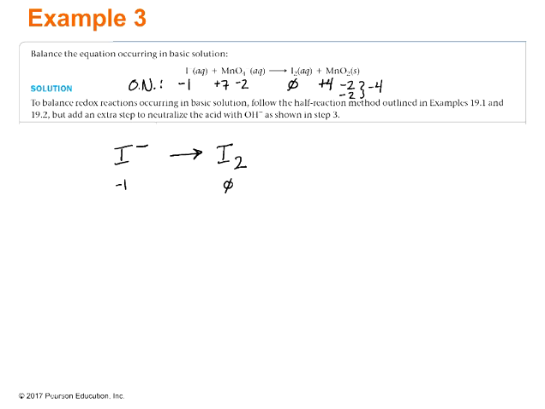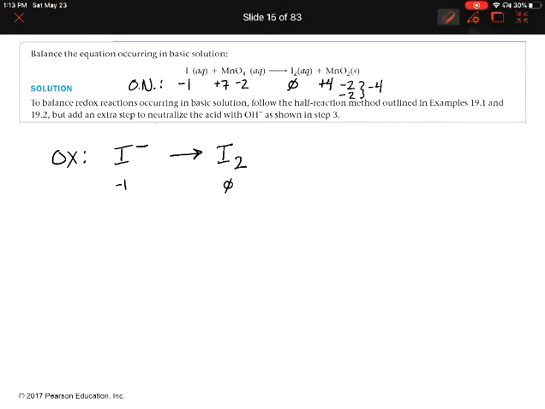So is iodide losing electrons or gaining electrons? It's losing electrons, right? It's becoming more positive. So that would be our, let's see, is that the oxidation or reduction half reaction? So if it's losing electrons, that's the oxidation half reaction. Great. And then I'm just going to erase those numbers there.